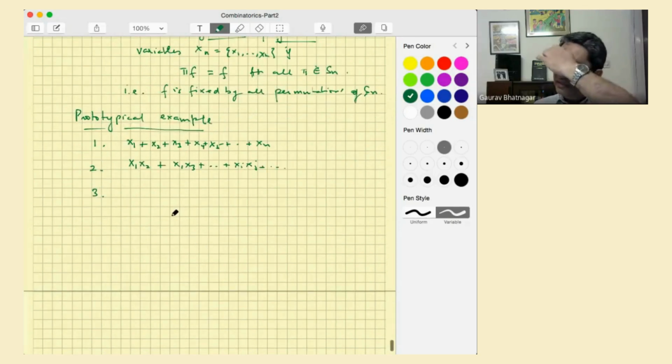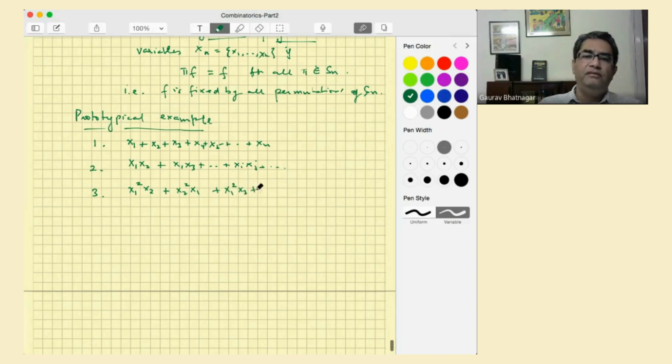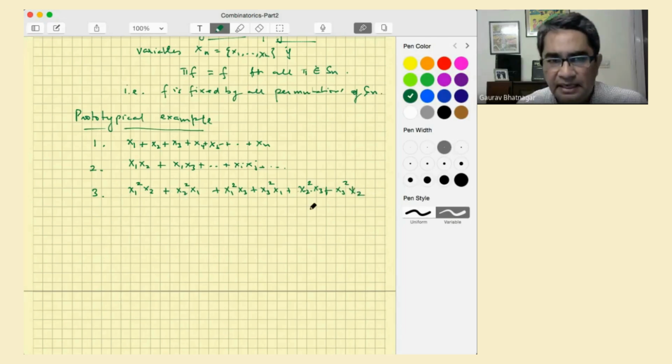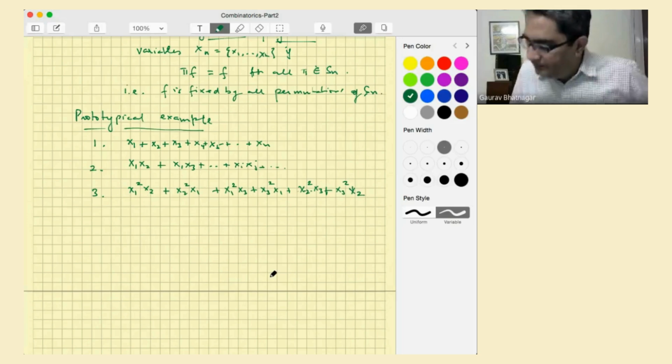And suppose let's do x1 squared, x2. Then I have to have x2 squared, x1. I mean x1 squared, x3 plus x3 squared, x1. And at least x2 squared, x3 plus x3 squared, x2. Depending on how many variables there are, you keep adding terms.